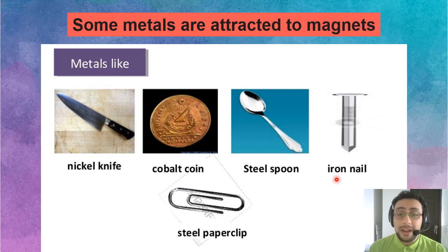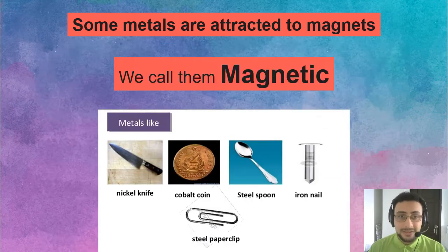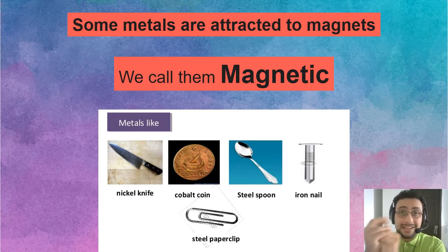Iron nail, iron is also attracted to magnets. Now, we call these metals, nickel, cobalt, steel, iron, magnetic. Magnetic means that they are attracted to a magnet. So, if something is attracted to a magnet, you call it magnetic.